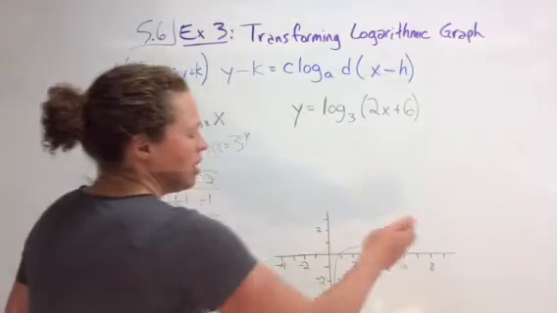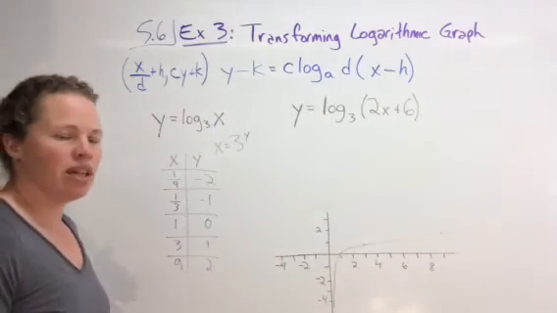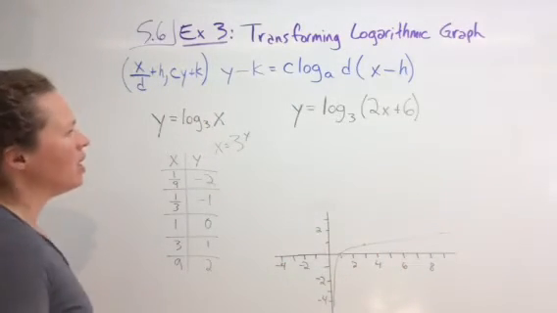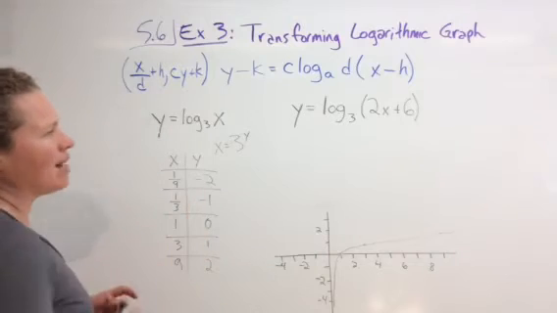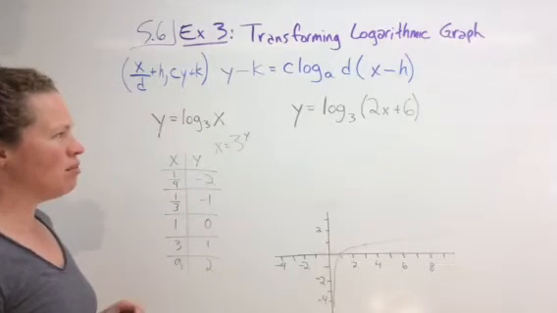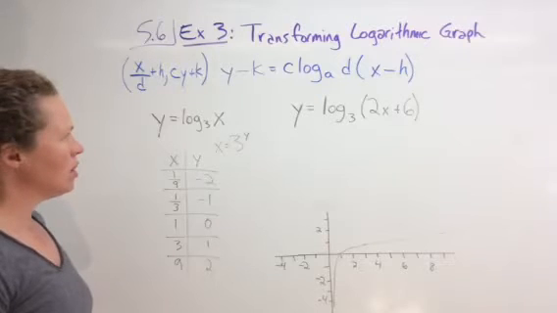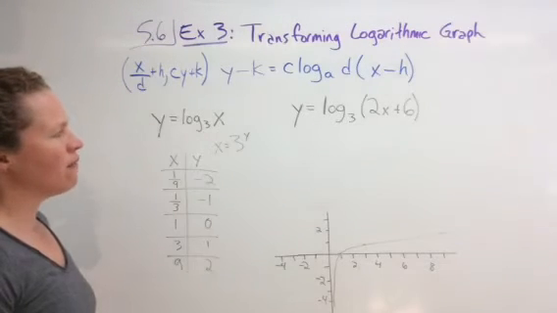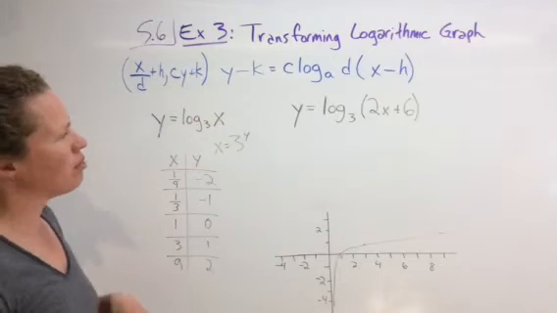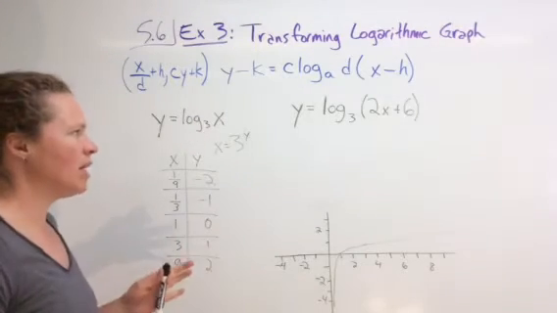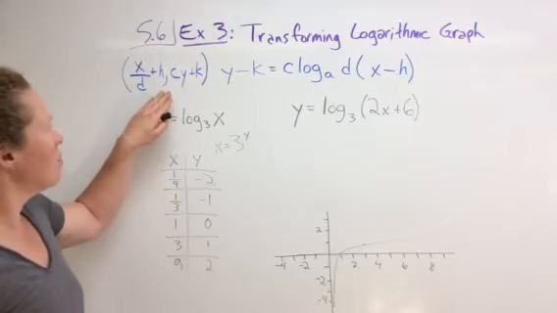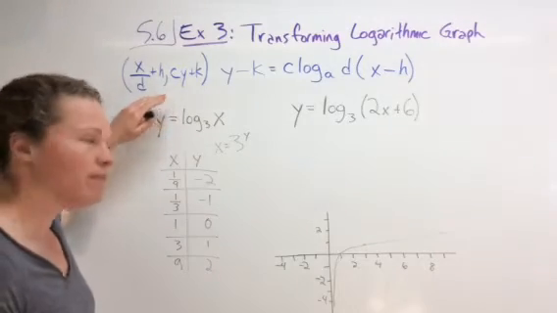Right, so that's my base graph before I move it and do all my transformations. Now, that's what I'm supposed to be doing with this base graph. And I need to be able to look at that formula and match it to this one and pull out all the extra values and then make my new points the way we did before.